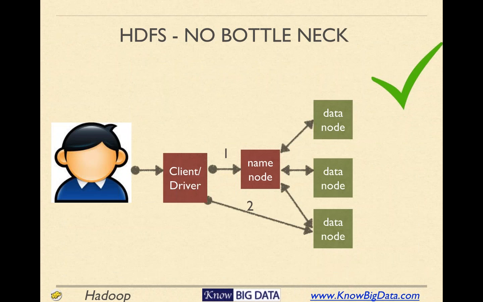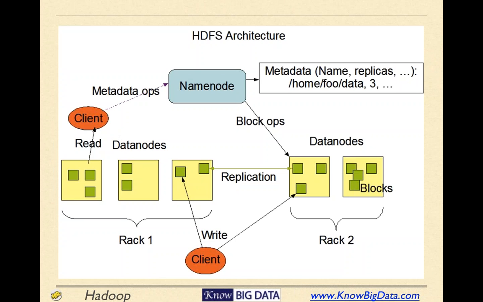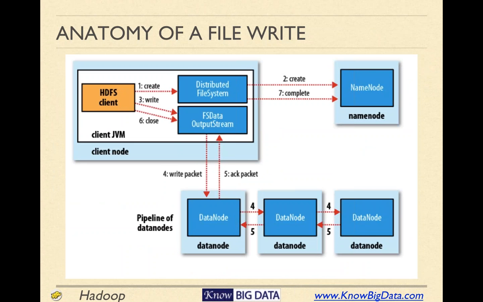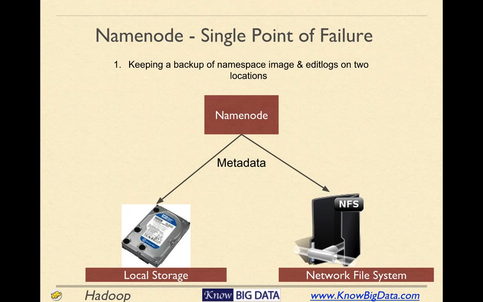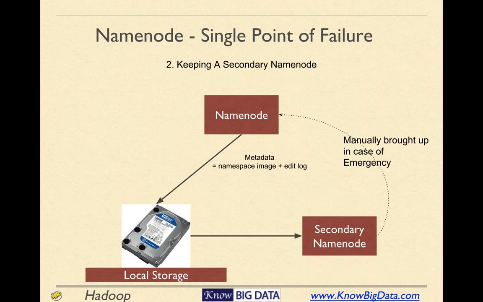Instead, the user has a driver which does the basic work, and the driver talks to individual data nodes for reading the data. Name node is consulted in the beginning. This is another way of looking at the same architecture, and this is the anatomy of a write. Next we discussed the single point of failure with respect to name node, and the metadata and edit logs.